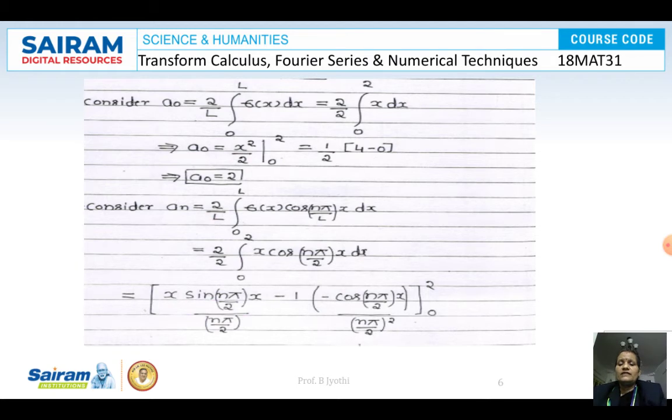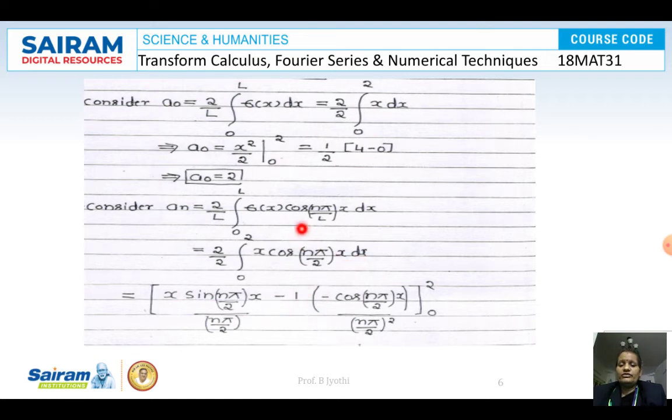Now, let us find out the value of an. So, the an value is given by 2 by L integral 0 to L f of x cos n pi by L of x into dx, which on simplification is 2 by 2 integral 0 to 2 x into cos n pi by 2 of x into dx.